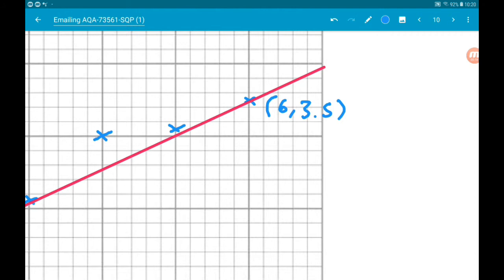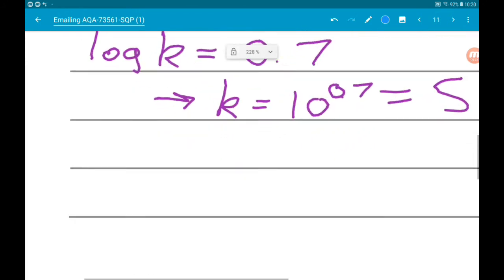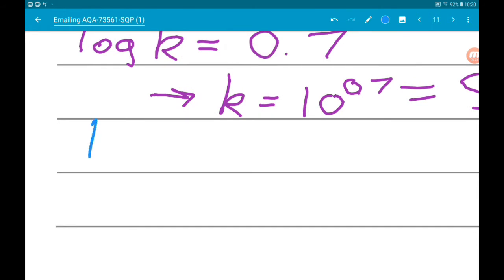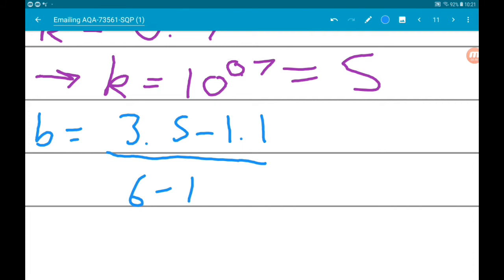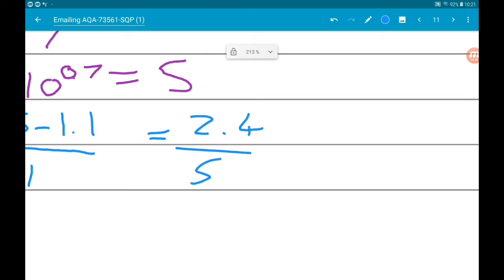So gradient, remember, is log b here, again because log b is our gradient, it's difference in y, so 3.5 minus 1.1 over difference in x, so 6 minus 1.